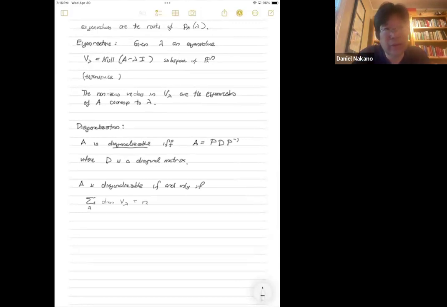You compute all the eigenvalues for A, compute all the eigenspaces using Gaussian elimination, and sum the dimensions. If it's equal to n, A is diagonalizable. If it's smaller than n, A is not diagonalizable. Is that clear?